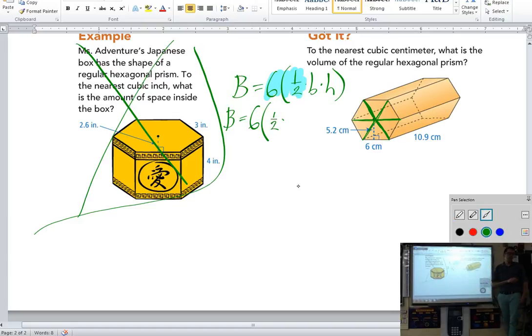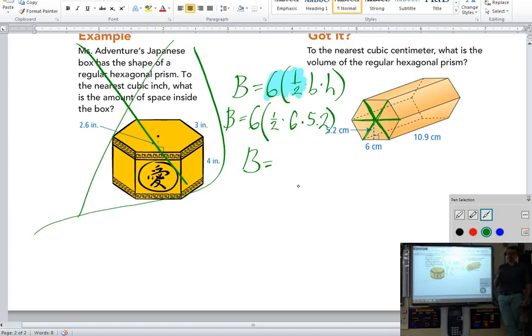Now what are the base and height for my triangle? The base and height is 5.2, so 6. Well, yeah, 6 and 5.2. So Moon, what'd you get for your big B? You didn't calculate your base area first? Well, so you did it right.